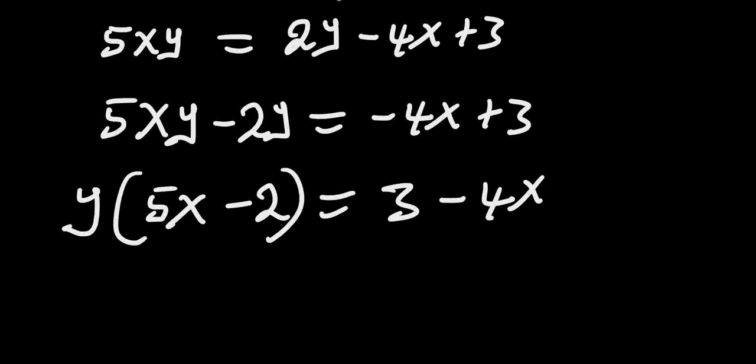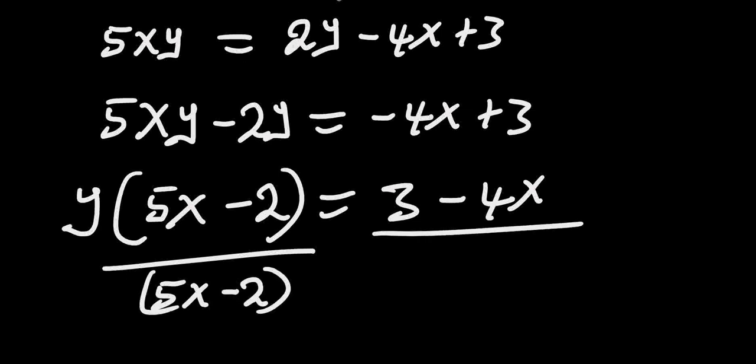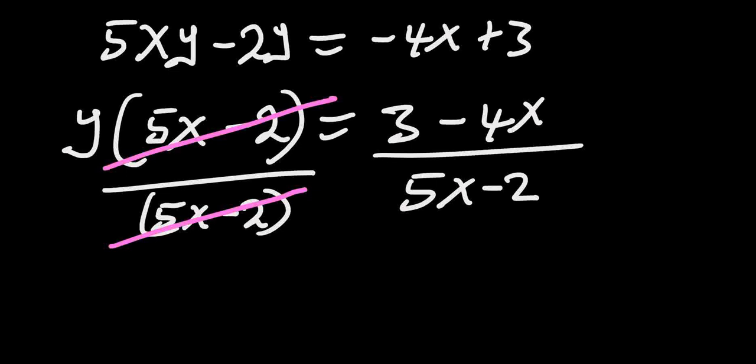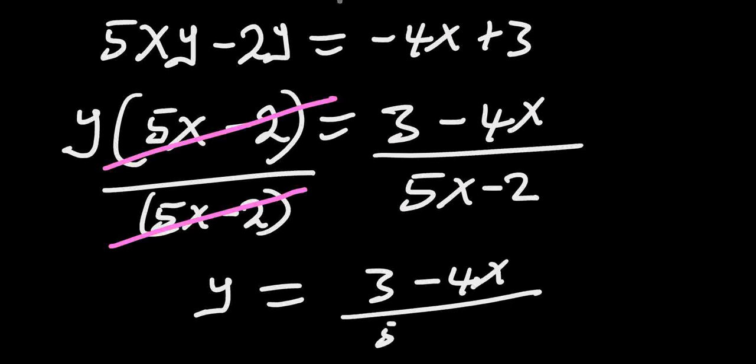So now divide both sides by 5x minus 2, and 5x minus 2 we cancel from here, and y will be equal to 3 minus 4x over 5x minus 2.